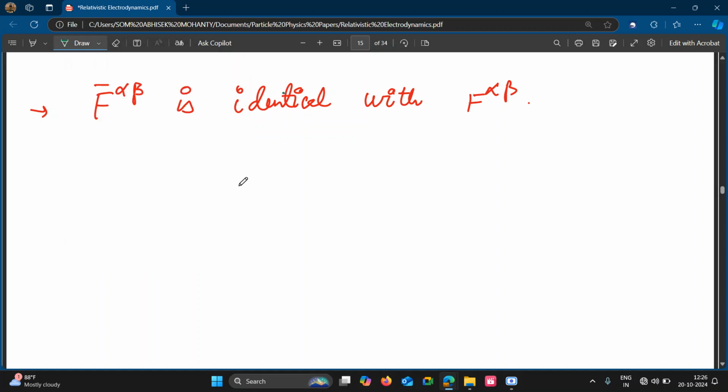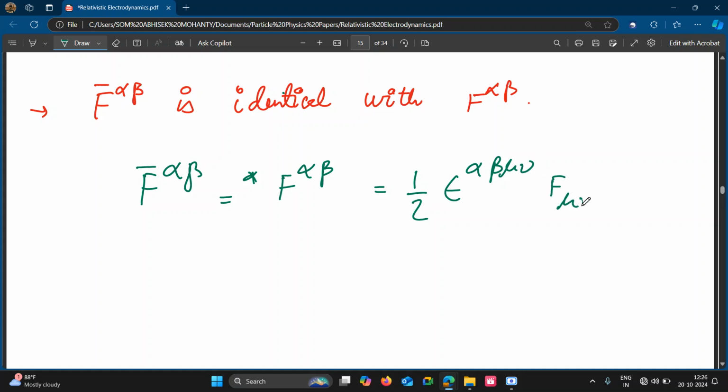F bar alpha beta can be written as star F alpha beta, which is actually half epsilon alpha beta mu nu F mu nu, the Levi-Civita tensor.